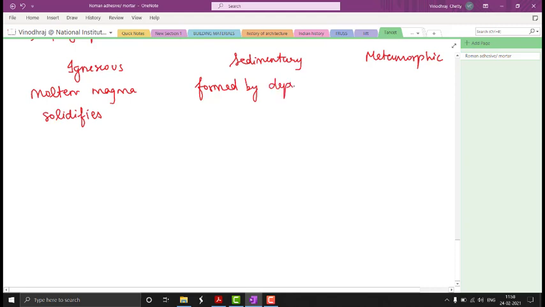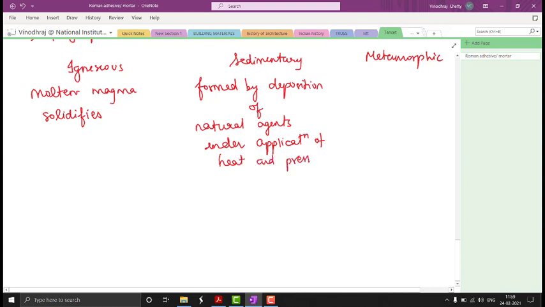And this sedimentary stone is formed by deposition of natural agents and under application of heat and pressure.